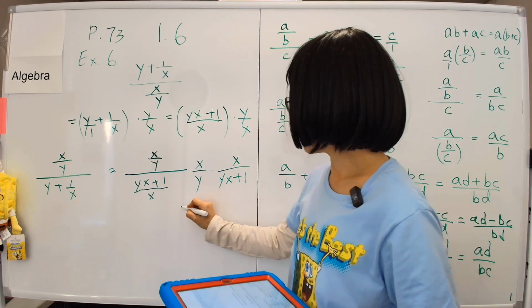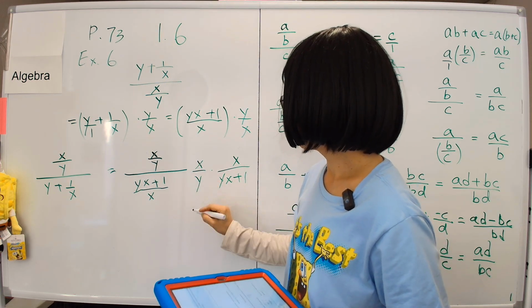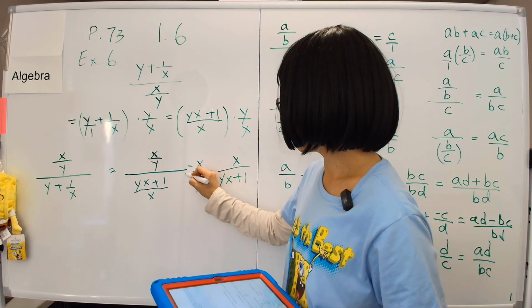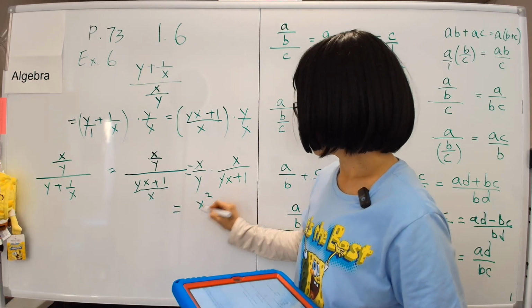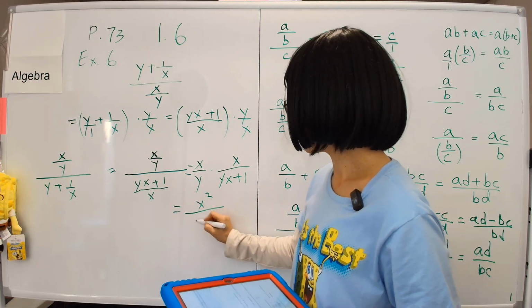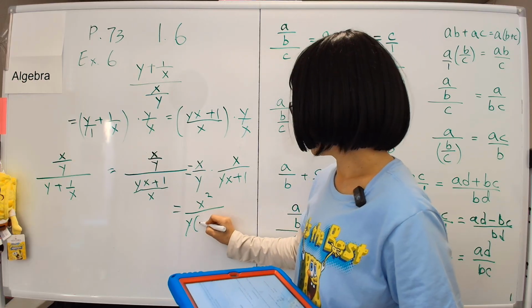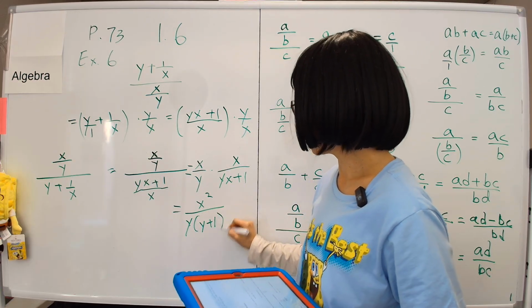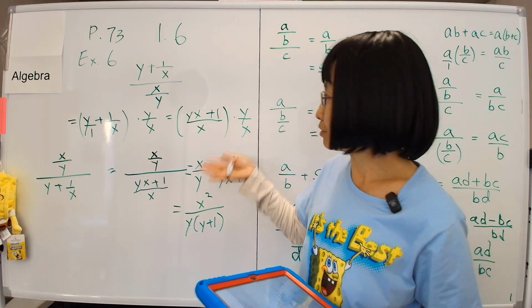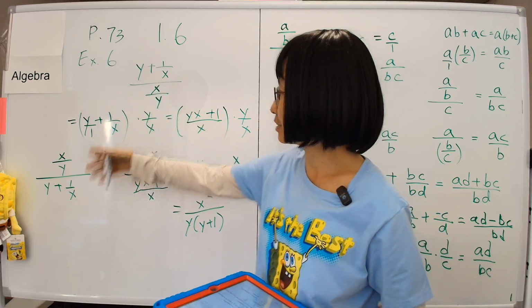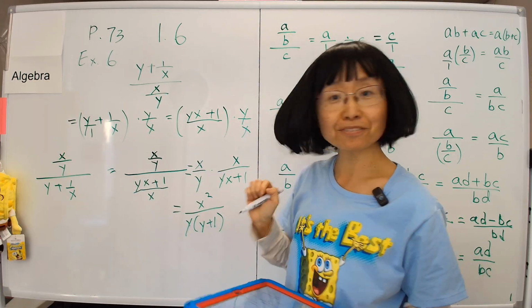And that equals x squared over y times yx plus 1. As you notice, this is just this thing flipped over. That makes sense, because I just took this thing and flipped it over, so the answer also flipped over.